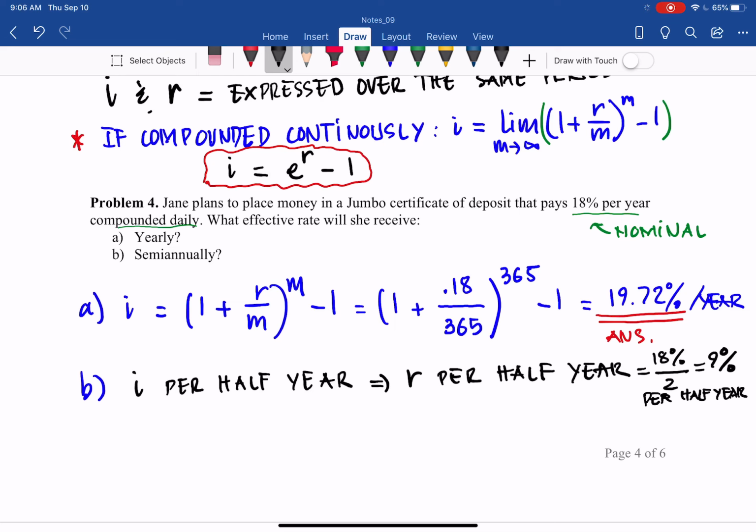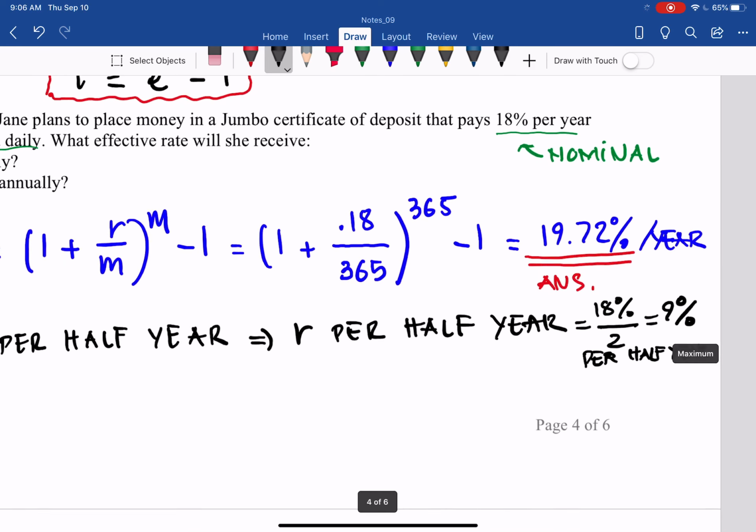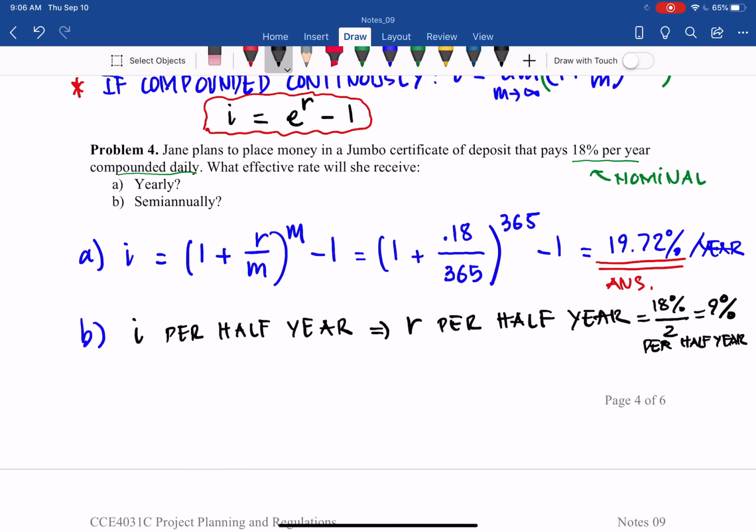So for nominal, you can divide, but not for effective. So divide by the number of compounding periods. For 1 year, 18%, half year, divide by 2, 9% per half year. So with that, we can now apply the equation for I, in this case 1 plus R. R here has to be the same interest period.